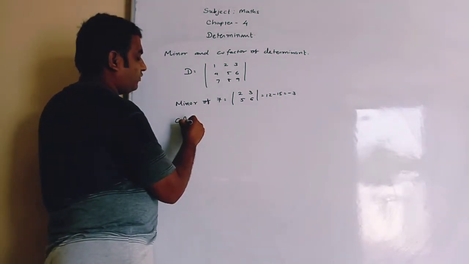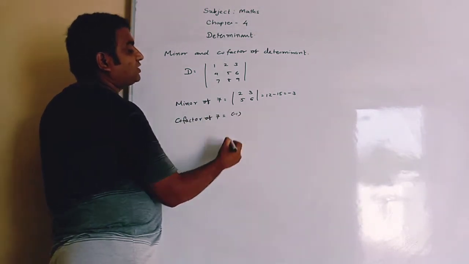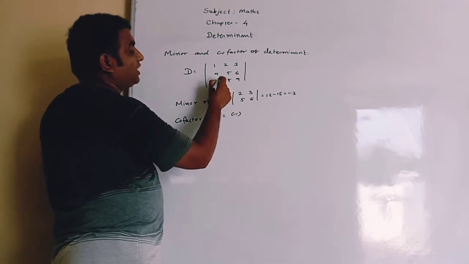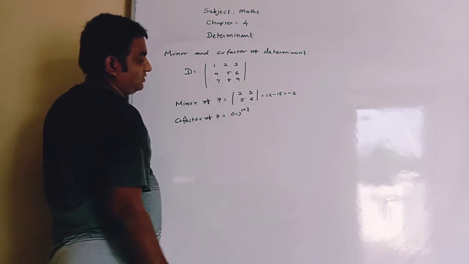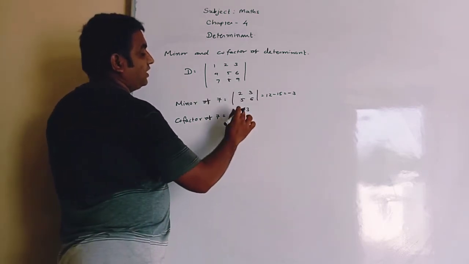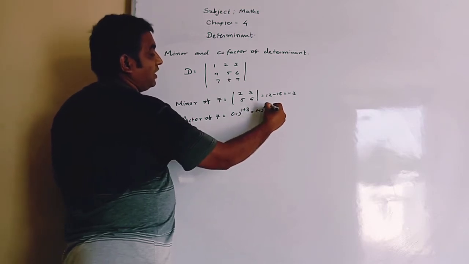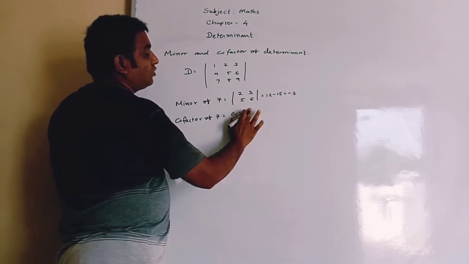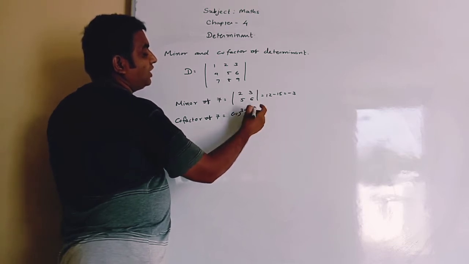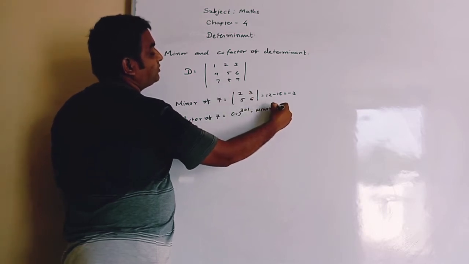Now the cofactor of 7 means minus 1 raised to the row number plus column number. 7 is in the third row and first column, so minus 1 raised to 3 plus 1, that is minus 1 raised to 4, into the minor of 7.